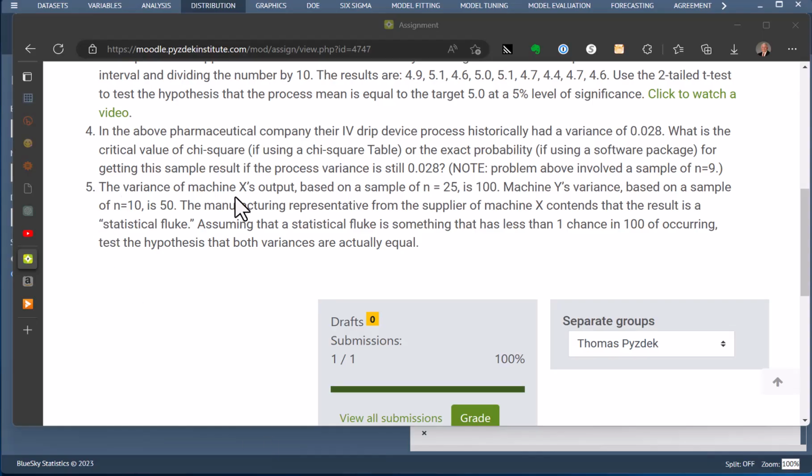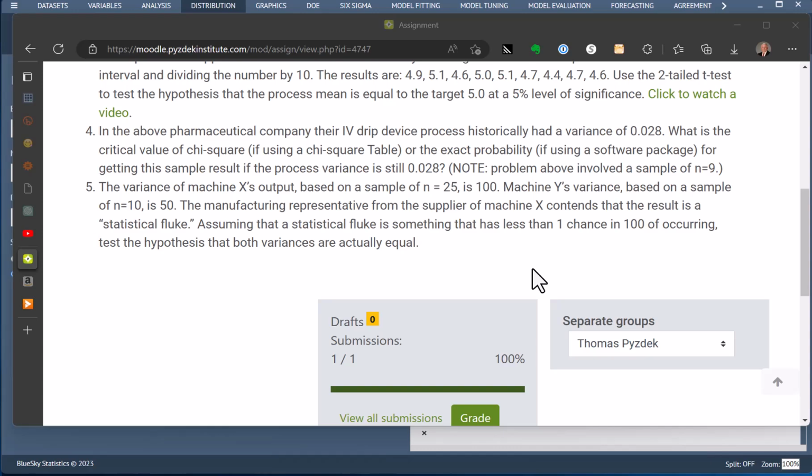For exercise 5, we're told the variance of machine X based on a sample of 25 is 100. Machine Y's variance based on a sample of 10 is 50. The manufacturing representative from the supplier of machine X contends that the result is a statistical fluke.